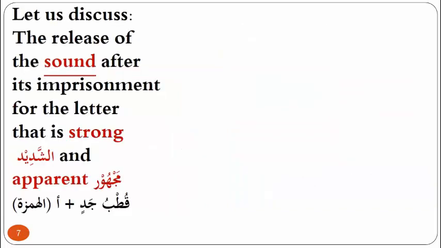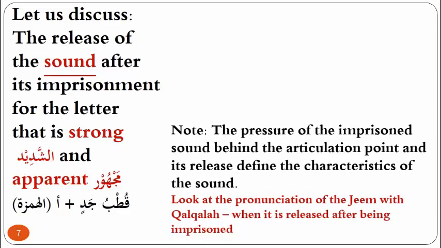Let us discuss the release of the sound after its imprisonment for the letter that is strong, majhur and apparent: the qaf, ta, ba, jim, dal, and hamza. After the sound is imprisoned, these letters are released. That's why we have qalqala for those letters. Note the pressure of the imprisoned sound behind the articulation point and its release define the characteristic of the sound.